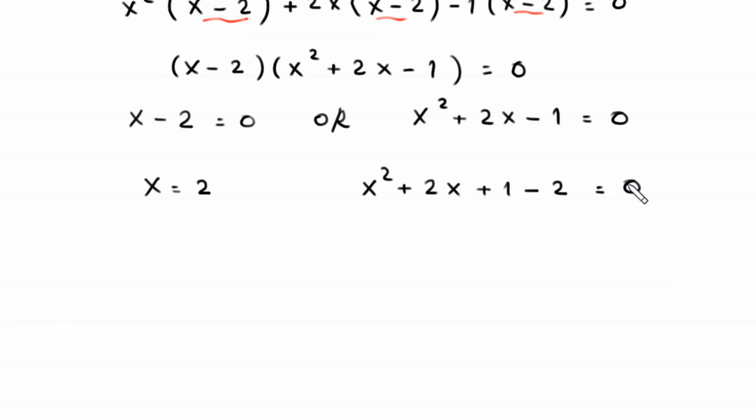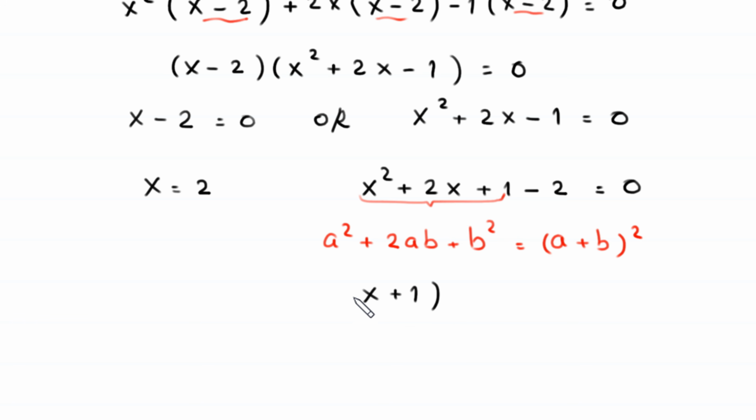By using this algebraic identity a squared plus 2ab plus b squared equal to (a plus b) whole squared, this x squared plus 2x plus 1 will become (x plus 1) whole squared, and move this negative 2 to the right hand side. This will become positive 2, and from here we take the square root of both sides.